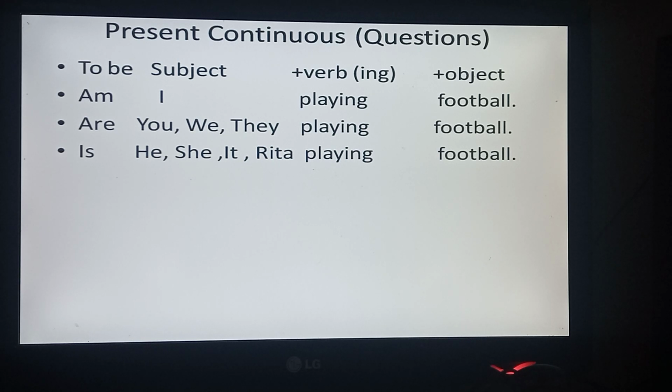Am is the helping verb, the subject is I, the verb is play, with ing, playing football. Are is the helping verb, with you, we, they playing football. Is is again the helping verb, with he, she, it, Rita playing football.